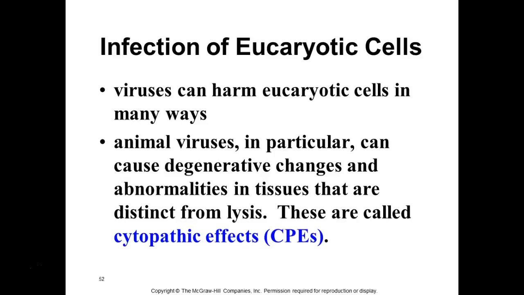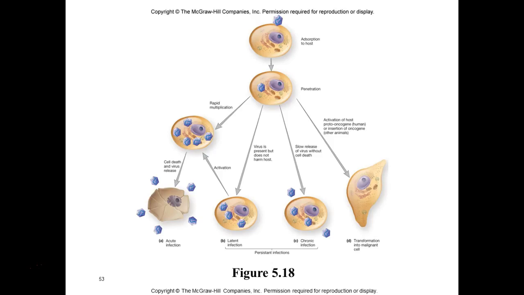These changes in our cells that make them abnormal. So in addition to just multiplying and busting out of our cells and infecting other cells, they can stay inside our cells and cause these abnormalities that can even lead to cancer. So the worst case scenario is a transformation into a malignant cancer cell.